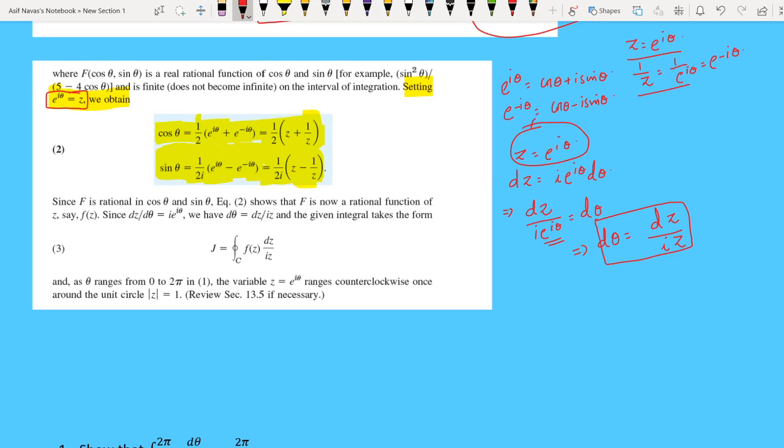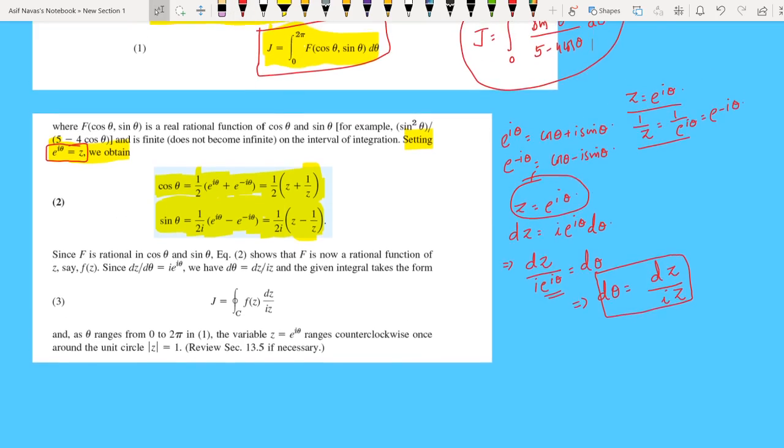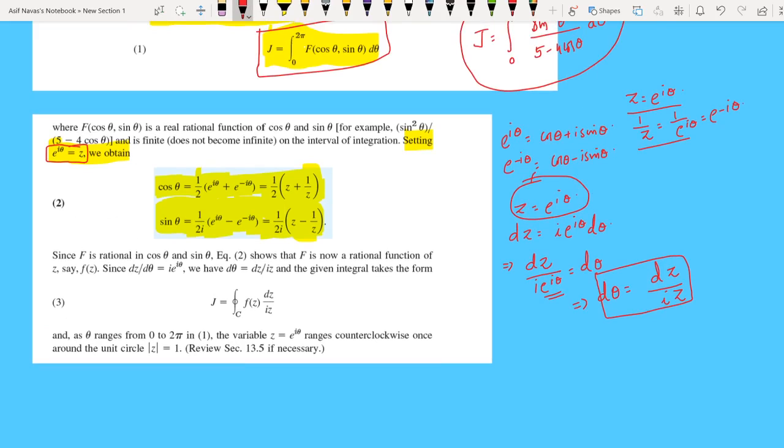Now our integral ranges with theta from 0 to 2 pi.